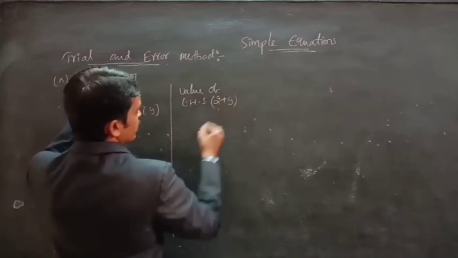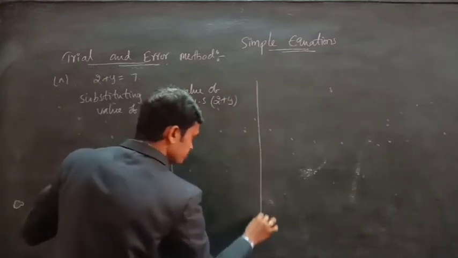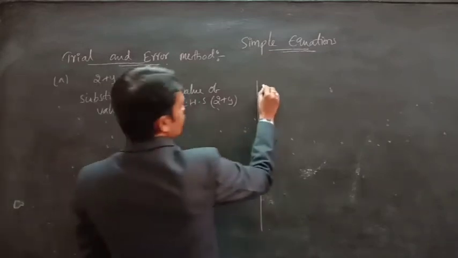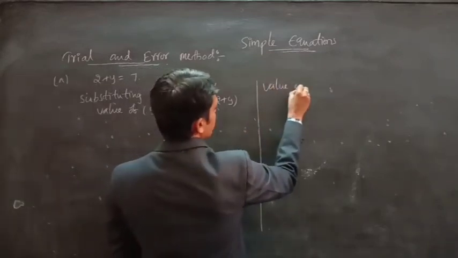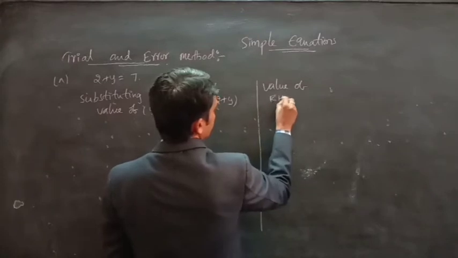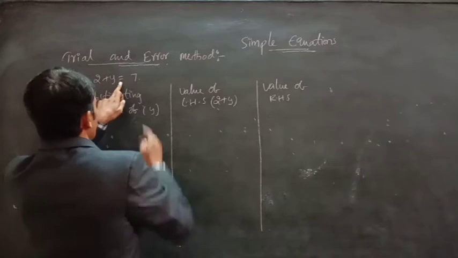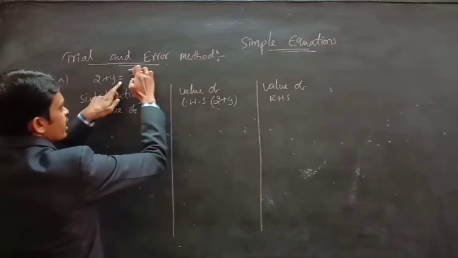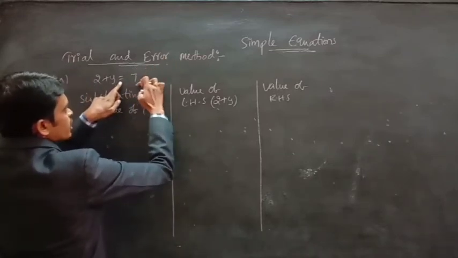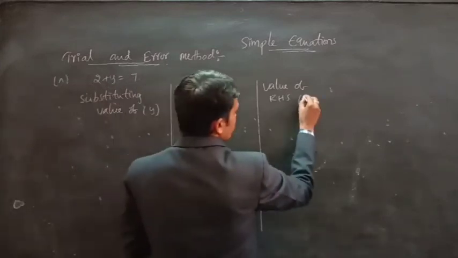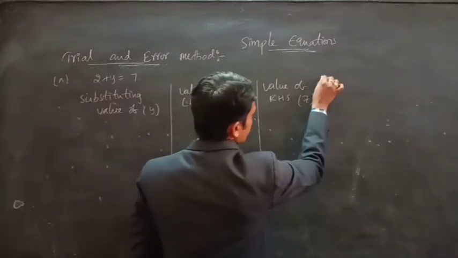Next, value of RHS. For the equal sign, this side we call the RHS. Then what is the RHS? 7. Value of RHS is equal to 7.